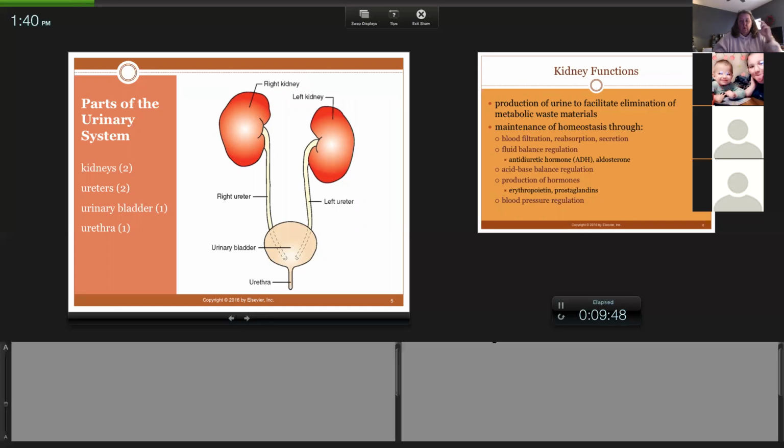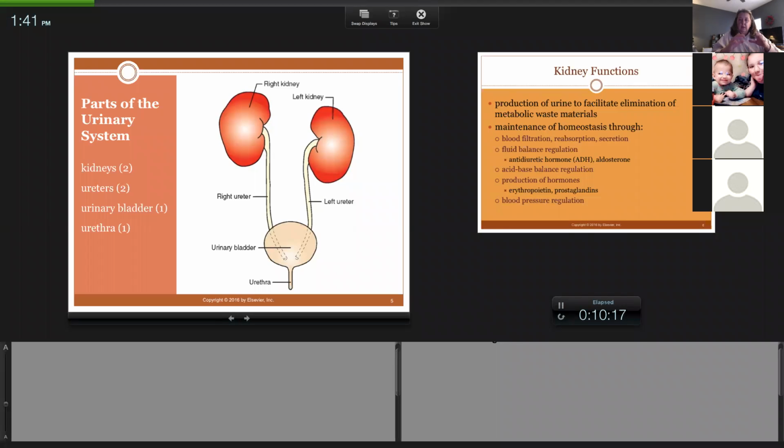So two kidneys, two ureters, one bladder. And then the urethra is the tube that leaves the bladder that connects to either the prepuce or penis, or the vulva. A lot of people get urethra and ureters confused. So there are two ureters that come from the kidneys. The urethra is one tube that takes the urine from the bladder out of the body.